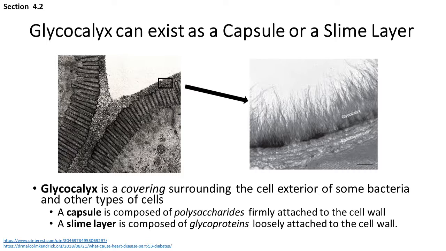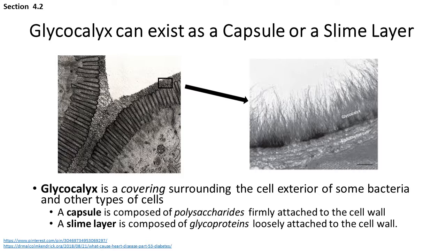The glycocalyx can exist as a capsule or a slime layer. Glycocalyx, glyco meaning carbohydrate, calyx meaning coat, is a covering that surrounds the cell exterior of some bacteria and other types of cells. The capsule is composed of polysaccharides firmly attached to the cell wall.